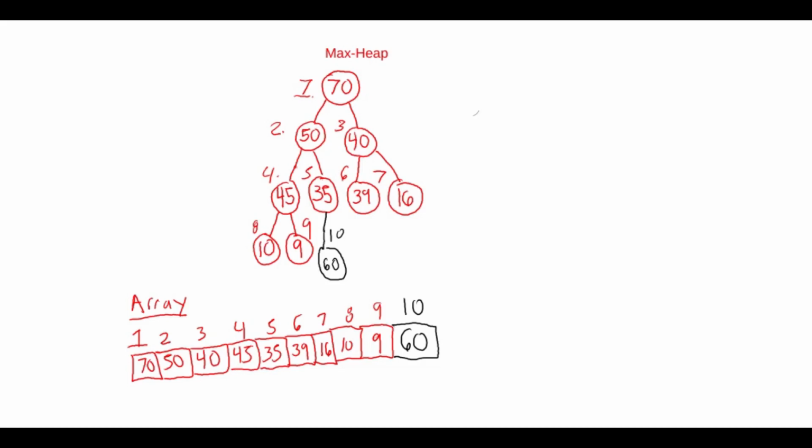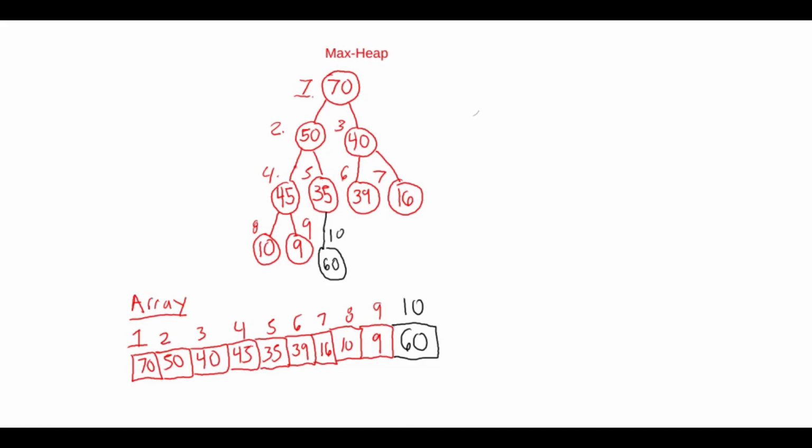And now what you're going to do here is, an important rule in a max heap is the parent cannot be less than the child. Again, the parent cannot be less than the child. That's a rule. As you can see, the parent here, 50 and 40, the children are less than the parents.